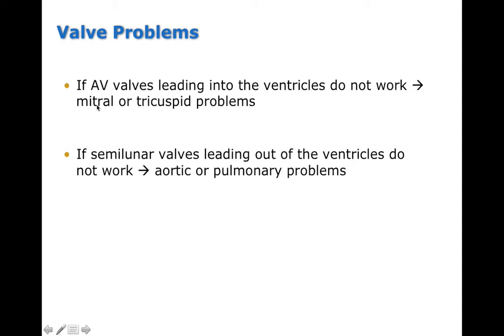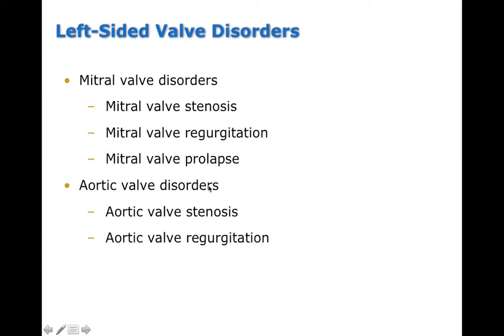And this is going to put a lot of stress on your ventricles or your atria. And if the semilunar valves don't work, we say that these are aortic or pulmonary problems, because these are the names of the valves that go to those respective vessels. Like we have the aortic semilunar valve and the pulmonary semilunar valve.